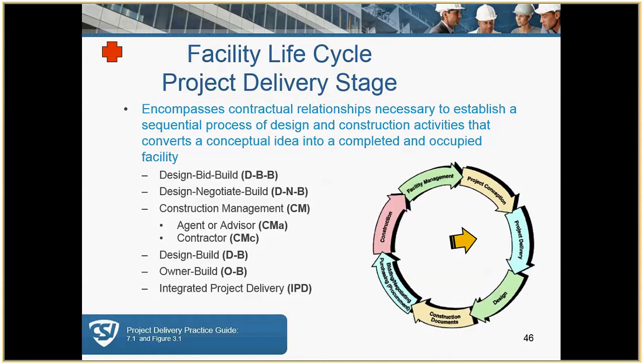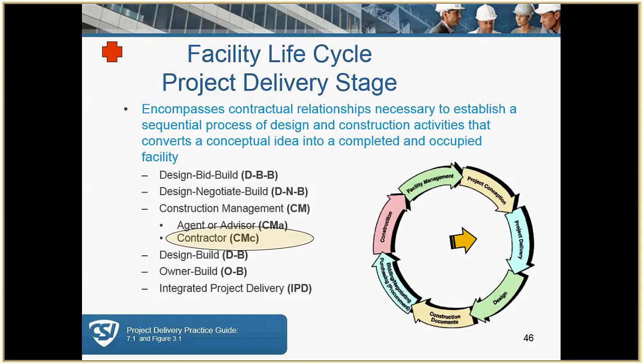As you can see from the graph, we are moving to the next area of discussion, and there are a number of project delivery methods that we will review. And the CM might include a contractor. What we're going to see in the next slides is that we're going to talk about the contractor, the CM, the construction manager, as an advisor or agent or contractor.